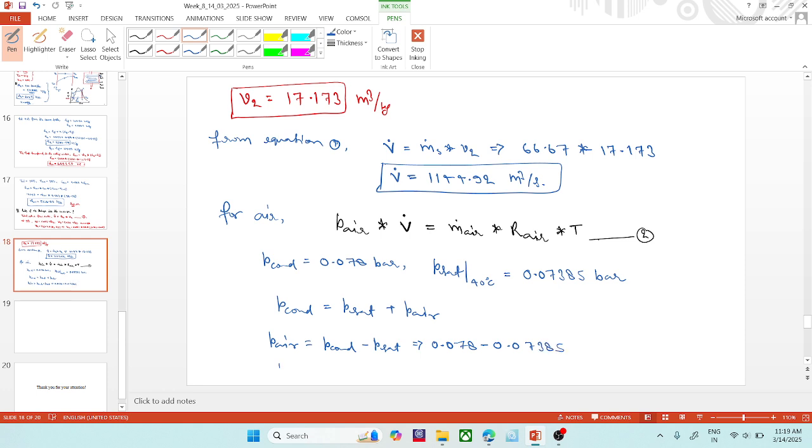So from here, the P air will come out to be 0.00415 bar, or when we convert into kilopascal, P air would be 0.415 kilopascal. Okay, so this air pressure we have determined.